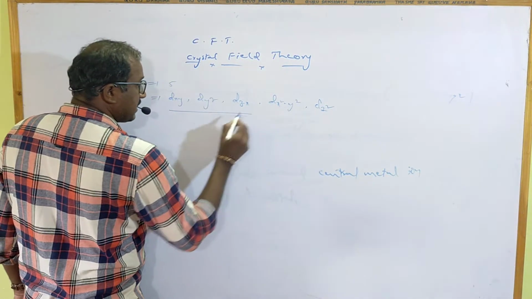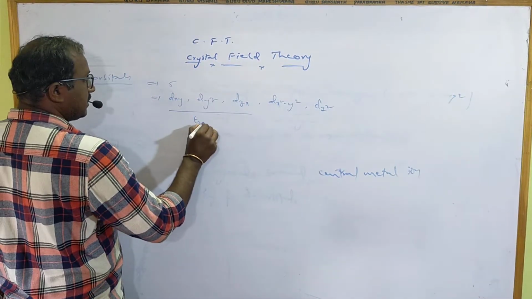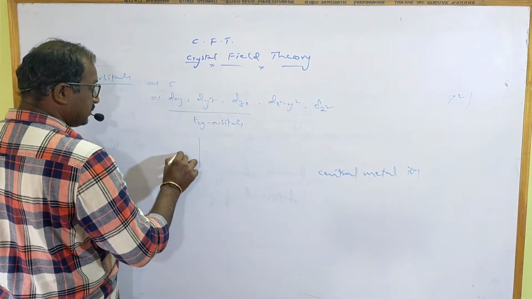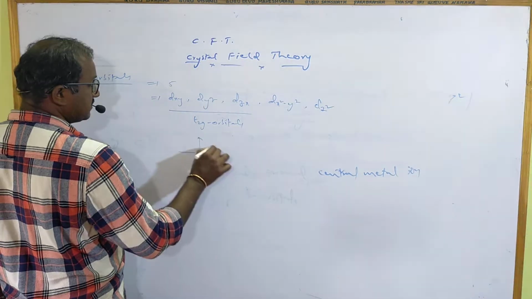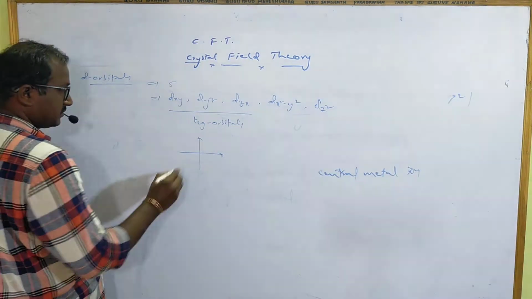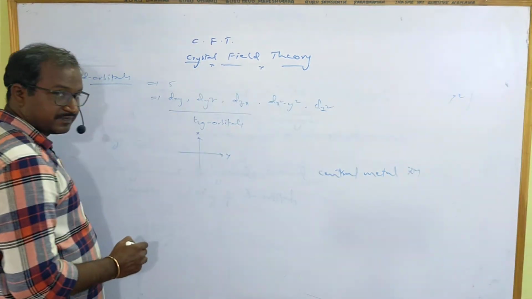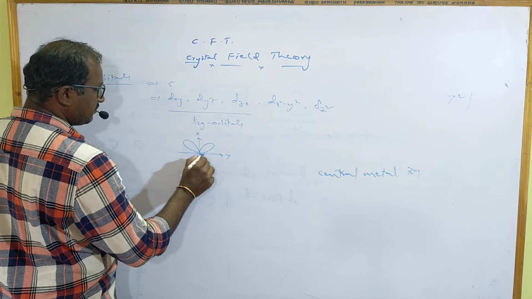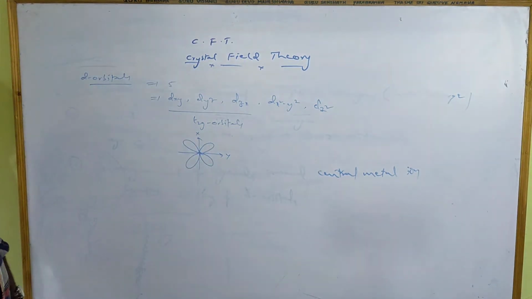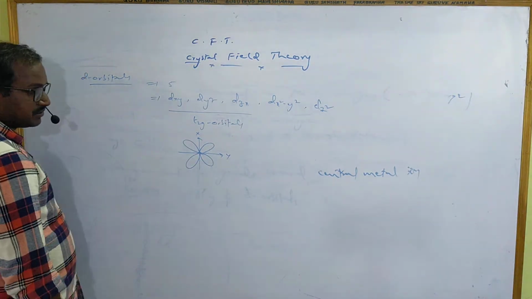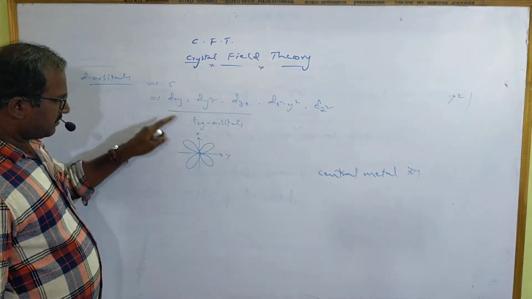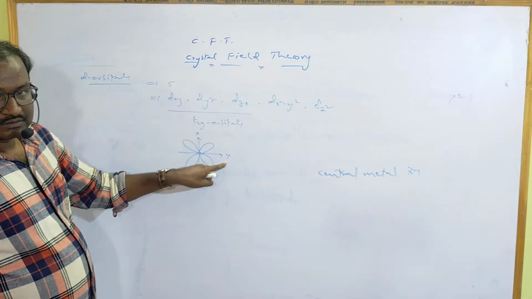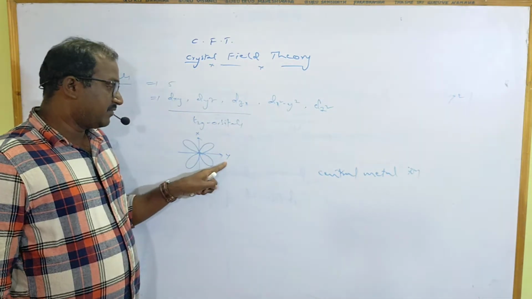These 3 d orbitals are called t2g orbitals. The reason is the orientation of these orbitals relative to the axes. Suppose this is the x-axis and this is the y-axis; the 4 lobes of the dxy orbital are oriented between the axes, that is, at 45 degrees to the axes. The same is true for dyz and dzx, where in place of x and y we write y and z.